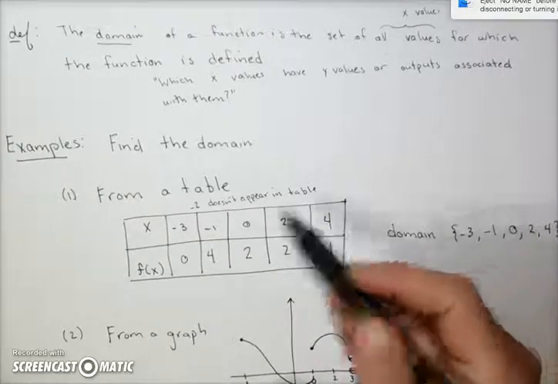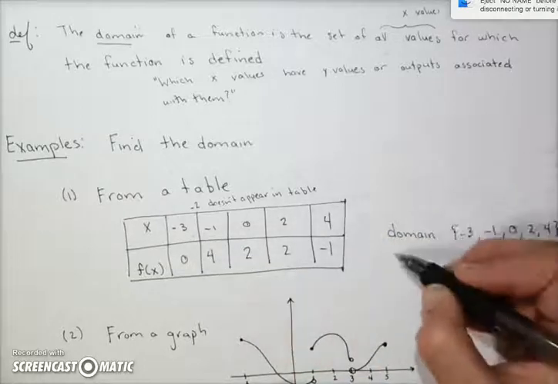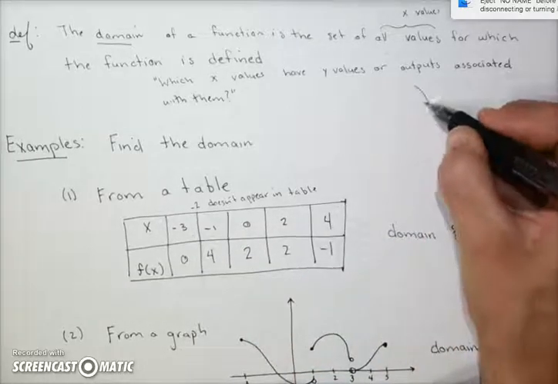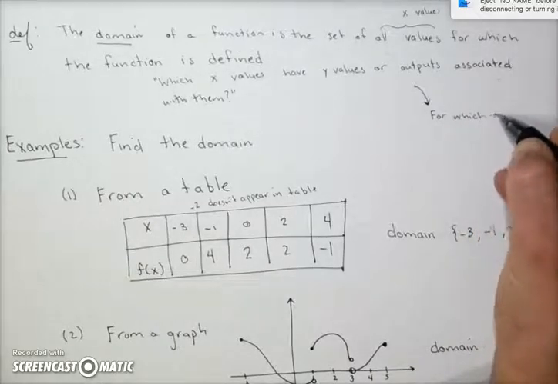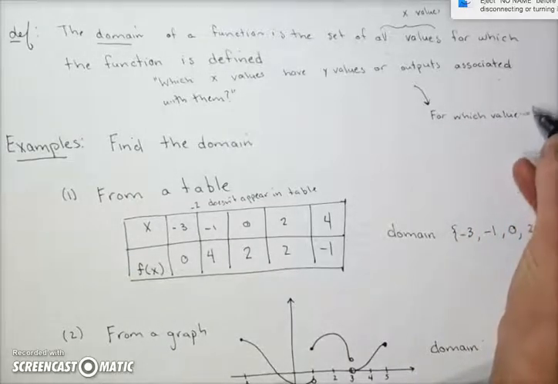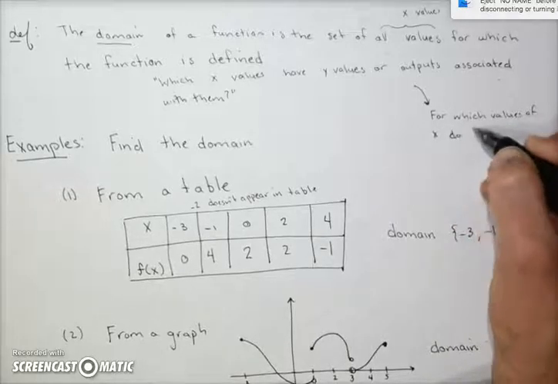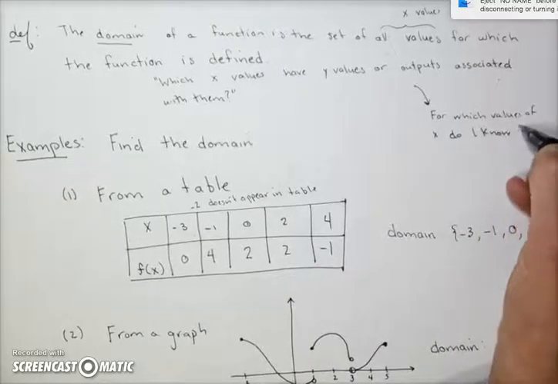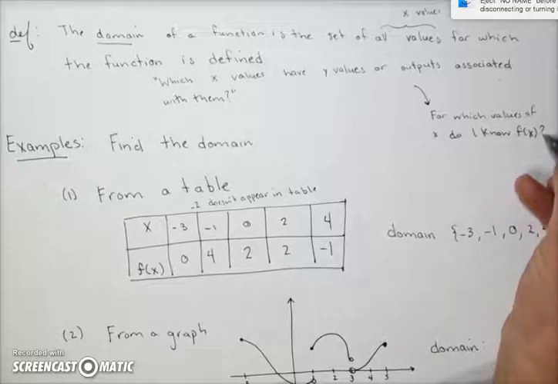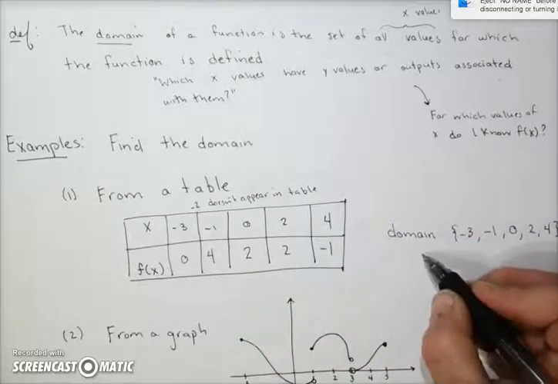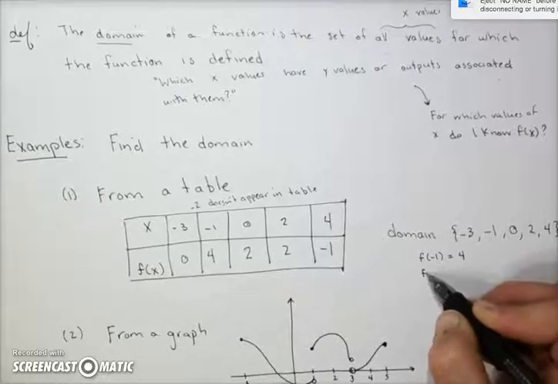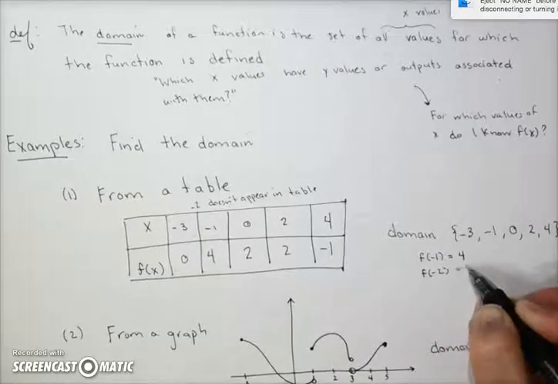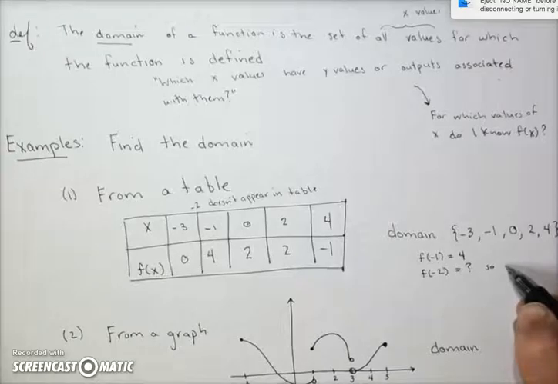Another way to think about this is, for which values of x do I know f of x? From this table, f of -1 is going to be 4, but if we try f of -2, we don't know, so -2 is not in the domain.